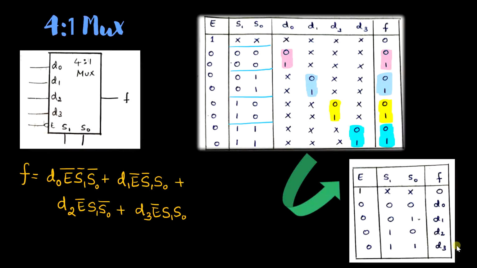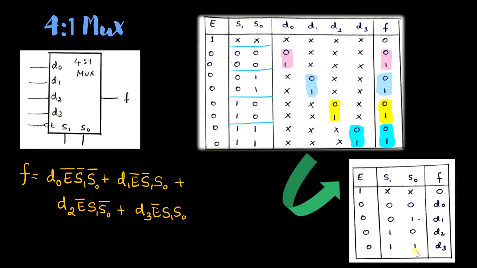So you can write the SOP equation for the function F, only considering the enable pin to be active low, as: F equals D0 into E bar into S1 bar into S0 bar, plus D1 into E bar S1 bar S0, plus D2 E bar S1 S0 bar, plus D3 E bar S1 S0.